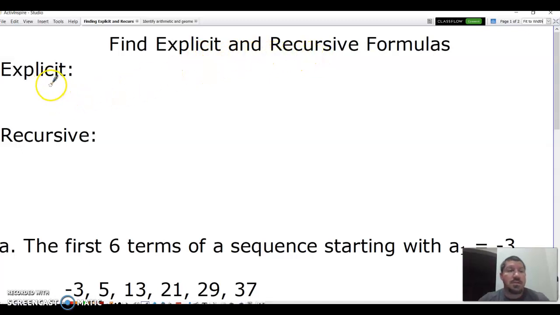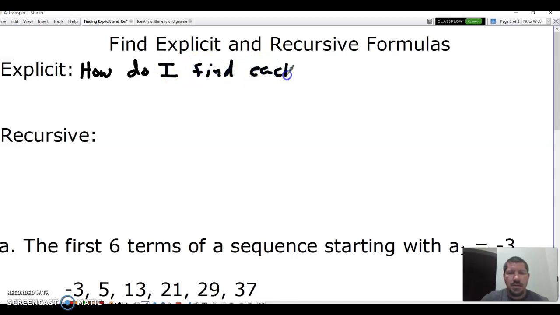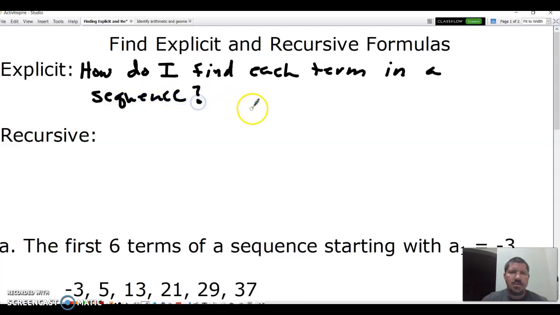So explicit formulas, basically in layman's terms, is how do I find each term in a sequence? It answers that question.